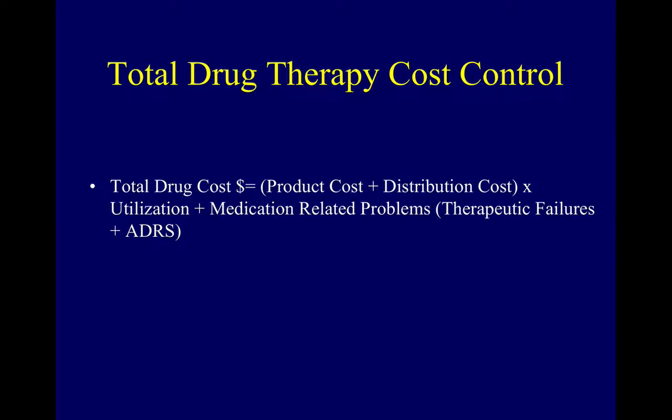One of the things I was talking about in the prior lectures, the different pharmacy services, improving pharmacy value, is that a lot of times we know, and we get frustrated by this, that the payers are always looking at the product and the cost of distribution, and they always want to slash and cut that. But the problem is total drug cost really also includes utilizing the right drug for the right disease state and preventing ADRs.